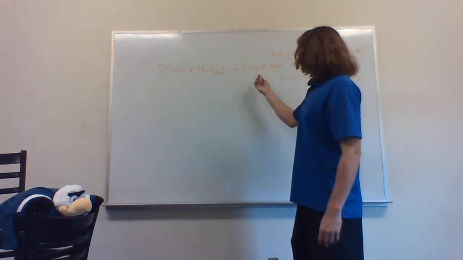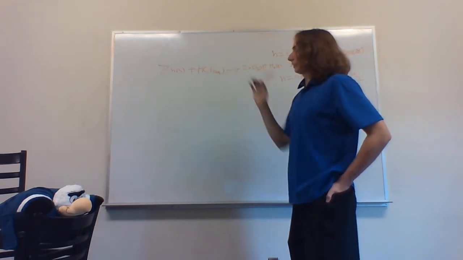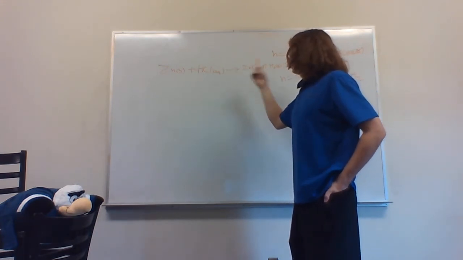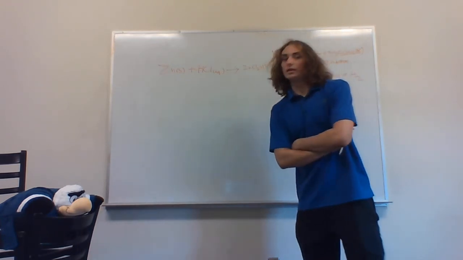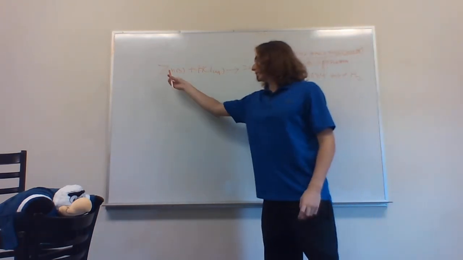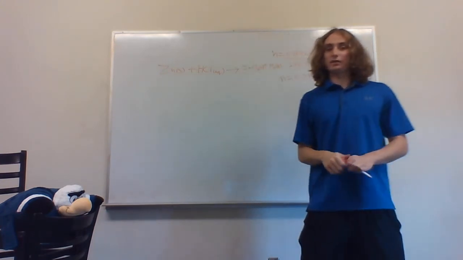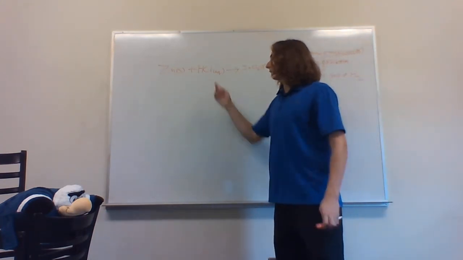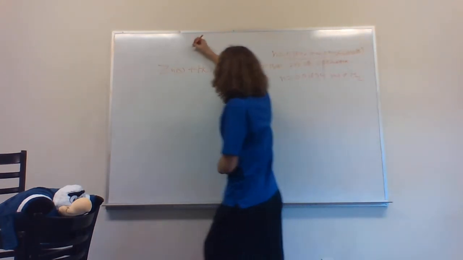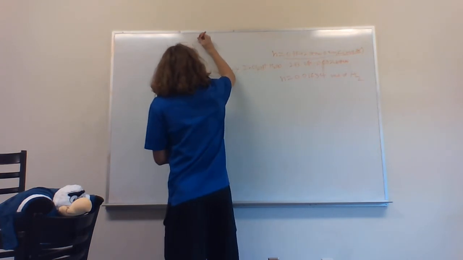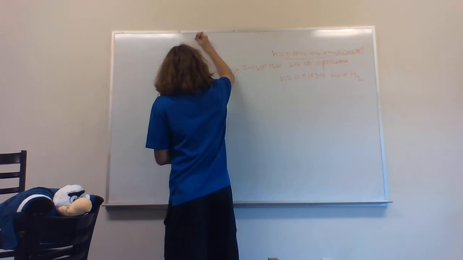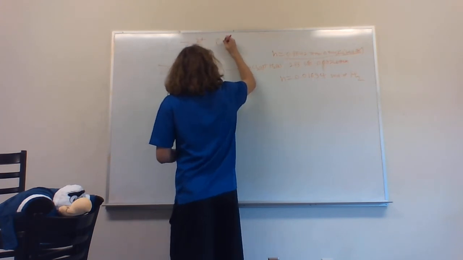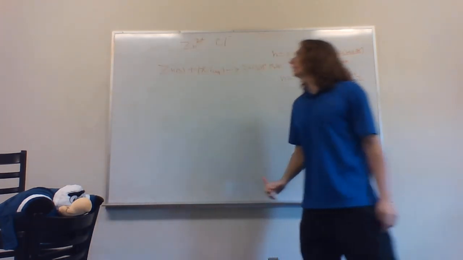The reason why there's two chlorides in zinc chloride is because zinc usually has a +2 charge as an ion, and Cl is usually negative.